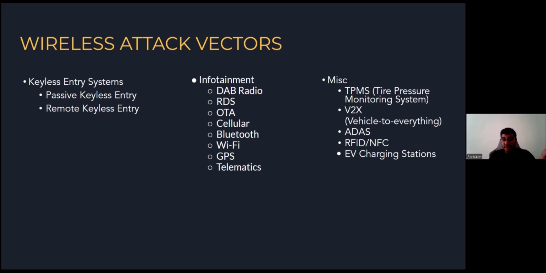Like the cellular stuff, you can attack cars through cellular by using something like this. It's a USRP, and it's something called a software defined radio, where you can do things like receive and send signals, and in this case, you can also emulate a base station and have phones and even cars connect to it.